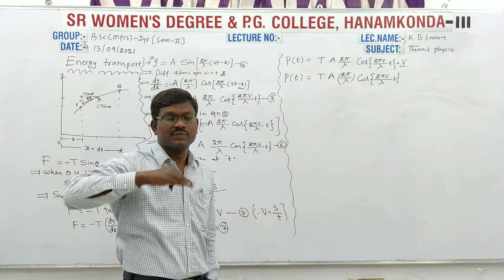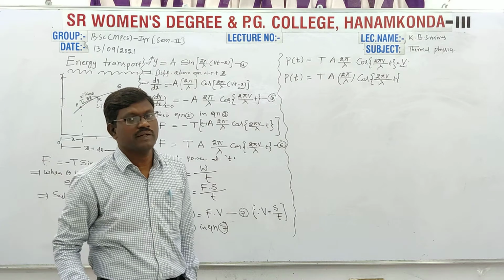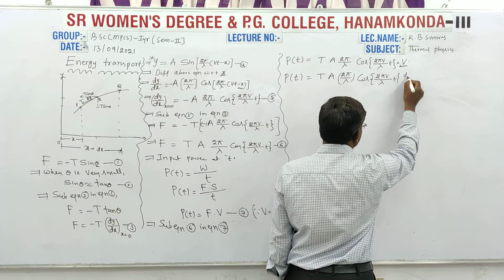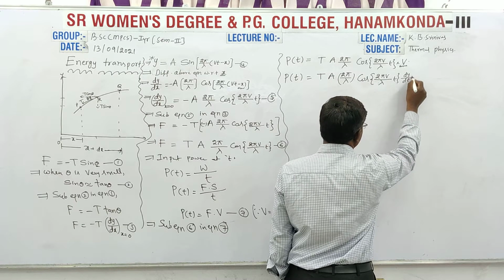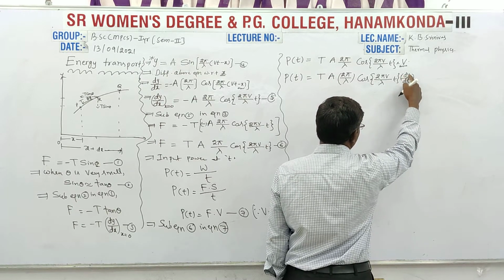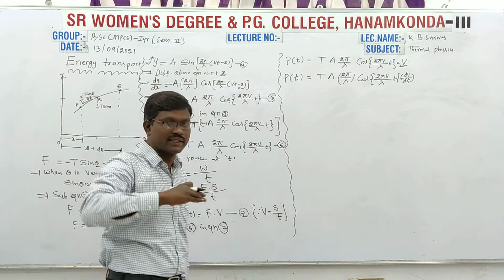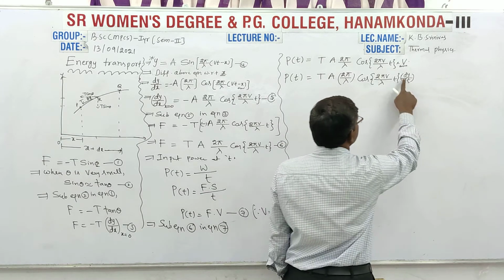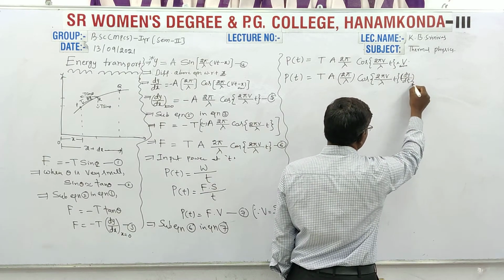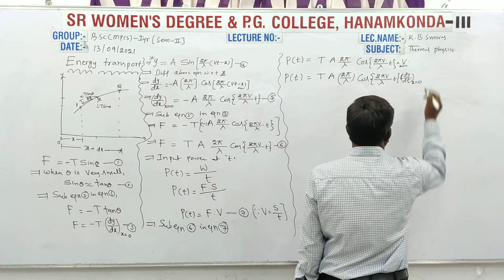So velocity of the wave in terms of displacement, instead of v, here I am substituting dy by dt, the rate of change of displacement. Displacement is confined along the y direction, so rate of change of displacement is called velocity only. But I want to calculate every time at x is equal to 0. Let this be equation number 8.